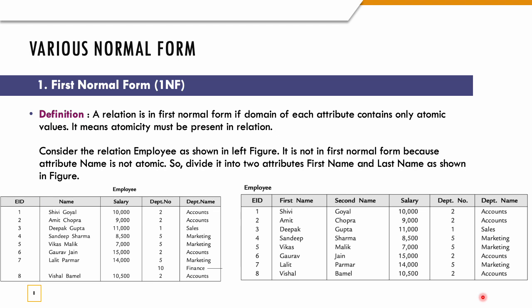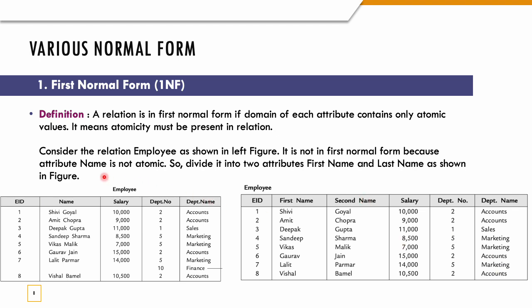So to achieve 1NF, we need to split the name attribute into two separate attributes. Okay, so we have a first name attribute and a second name attribute. This ensures that each attribute contains only atomic values.